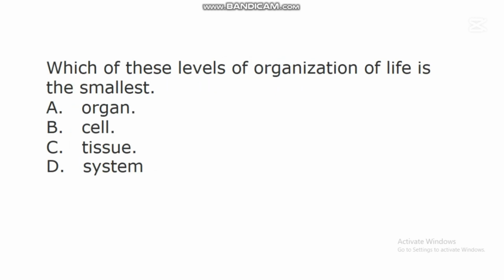The next question says, which of these levels of organization of life is the smallest? A. Organ. B. Cell. C. Tissue. D. System. In this question, the correct answer is B. Cell.